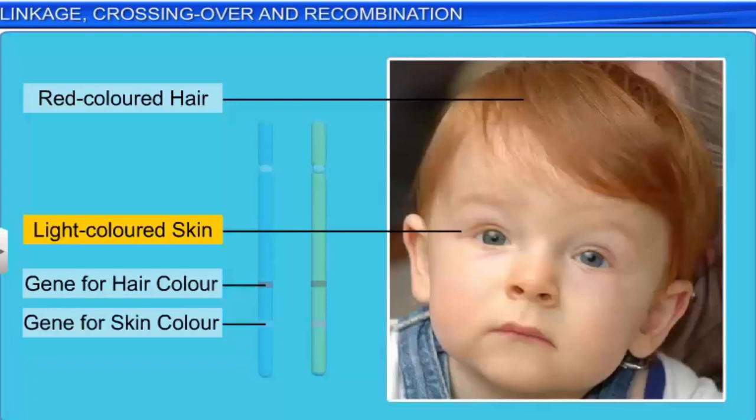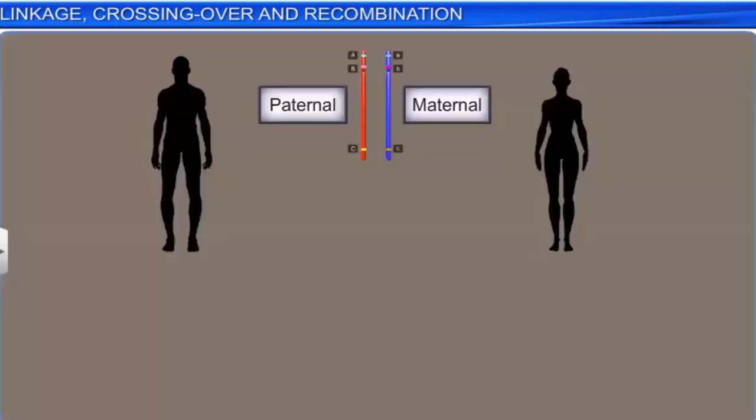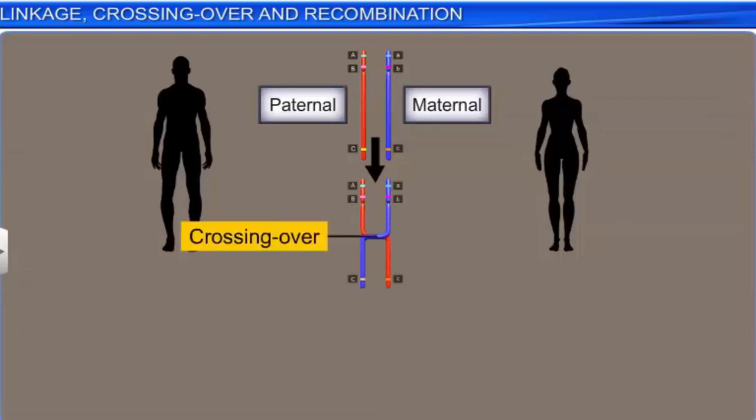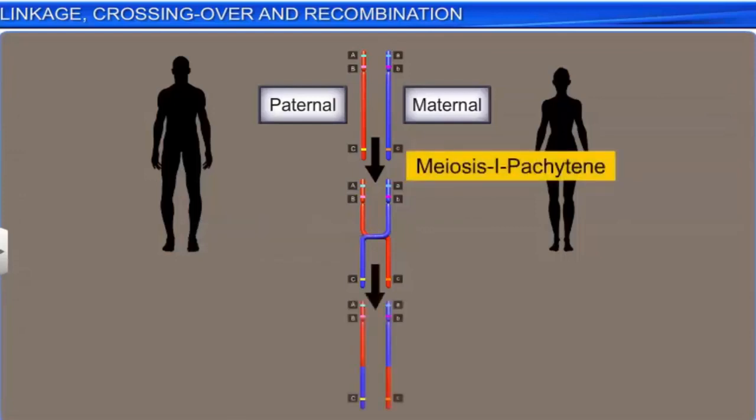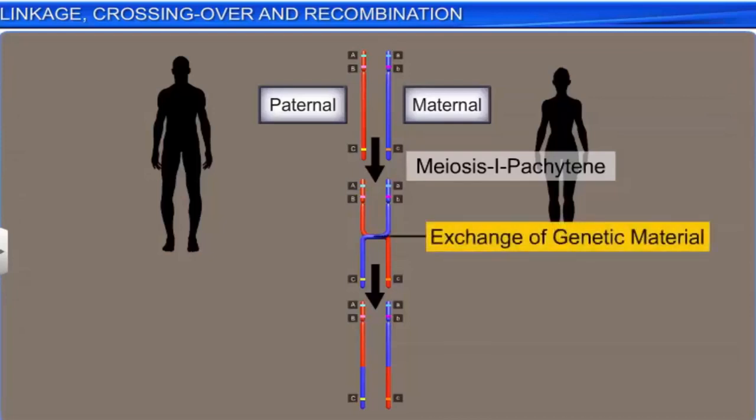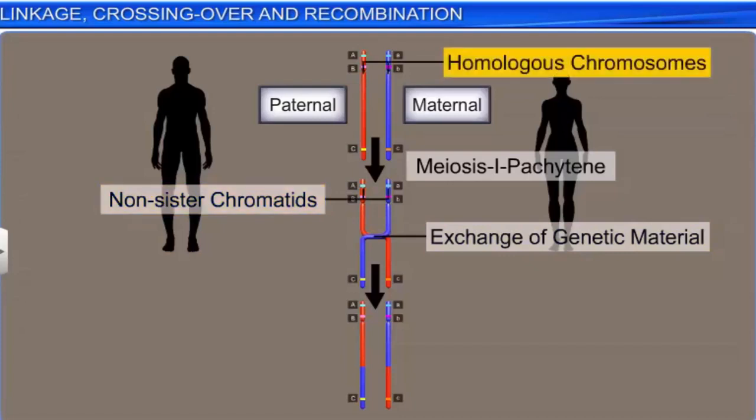This phenomenon of linkage can be better understood through a process known as crossing over, which occurs during meiosis. During the Pachytene stage of meiosis I, sections of a chromosome usually intertwine and exchange genetic material between non-sister chromatids of homologous chromosomes.